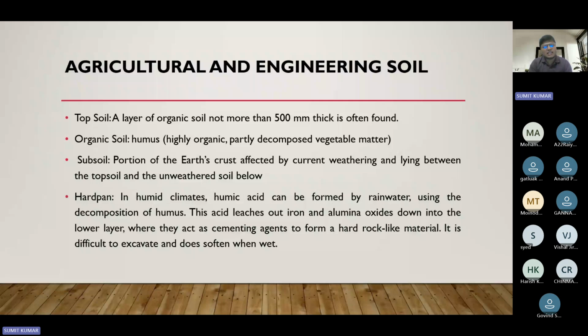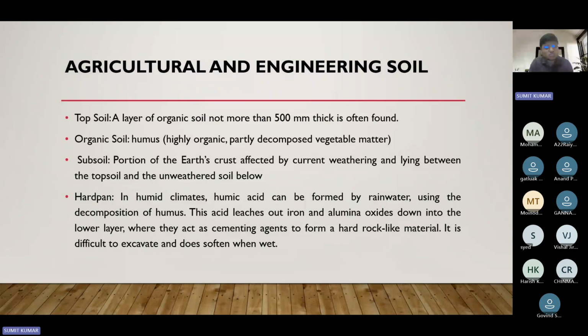Okay, when we move further, we see that in a humid climate, humic acid can be formed by rainwater through the decomposition of humus, and the acid leaches out, draining alumina and oxides down into the lower layer, where they act as a cementing agent to form a hard rock-like material. It is difficult to excavate and does not soften when wet.